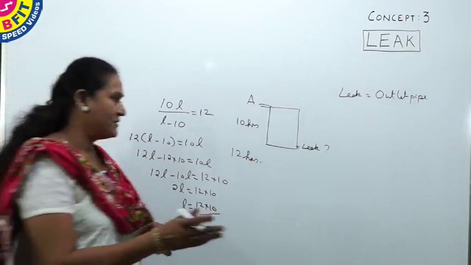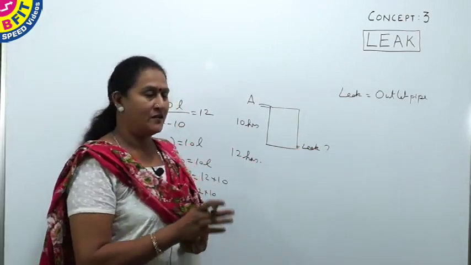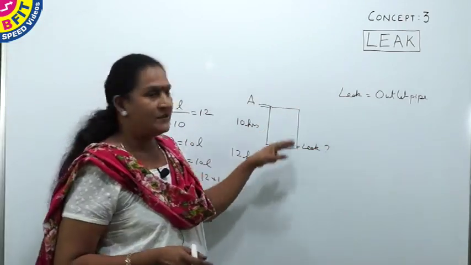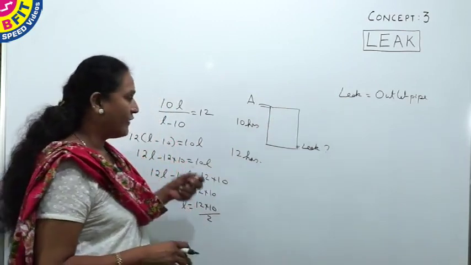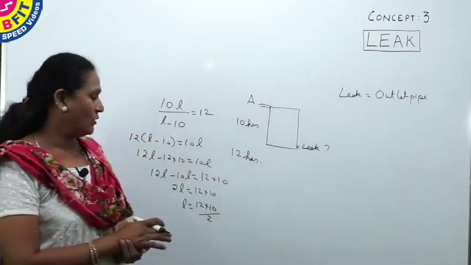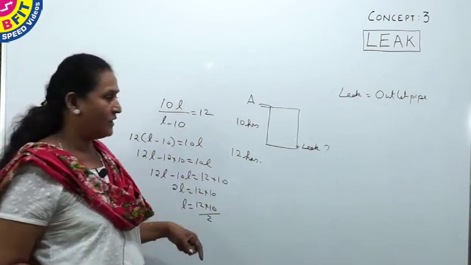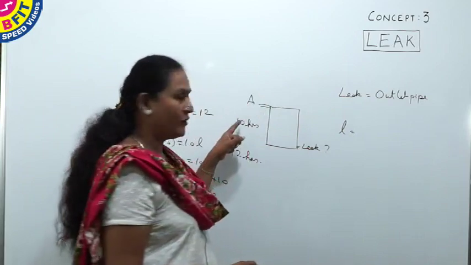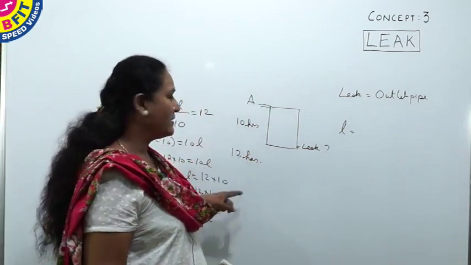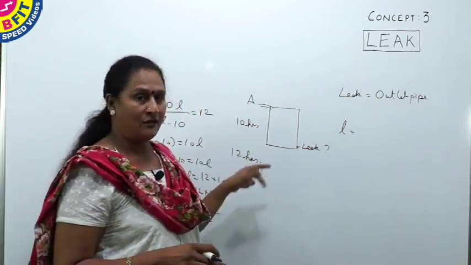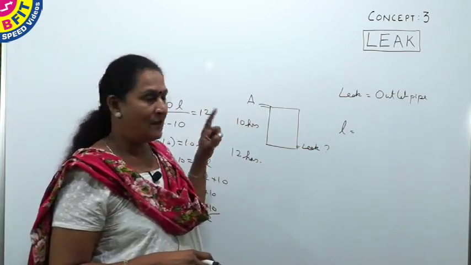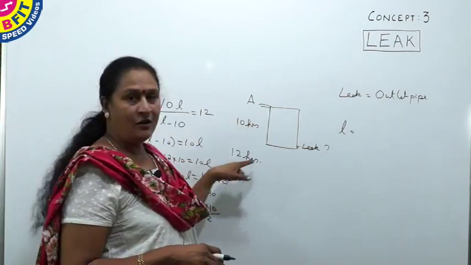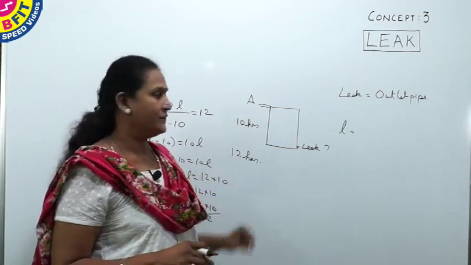As they ask these leak questions repeatedly, it is nothing different, it is the same as the outlet pipe. So to find the time taken by the leak to empty the whole tank, instead of doing all this, the time taken by the leak is the product of these two timings. These two timings are taken by pipe A only. This is the usual time, and this is the time taken by pipe A to fill the whole tank because of this leak.